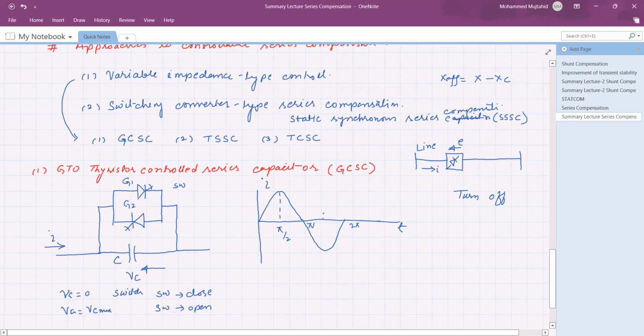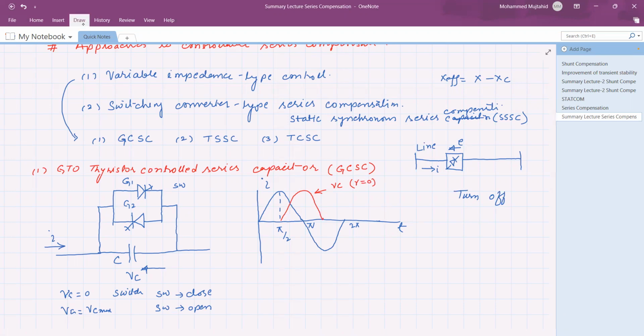This is the voltage across the capacitor VC when the turn off delay angle is equal to 0. Now it is turned off with some delay. So with a turn off delay angle, what would the waveform be?